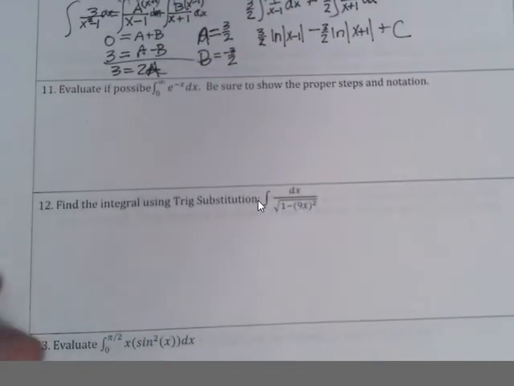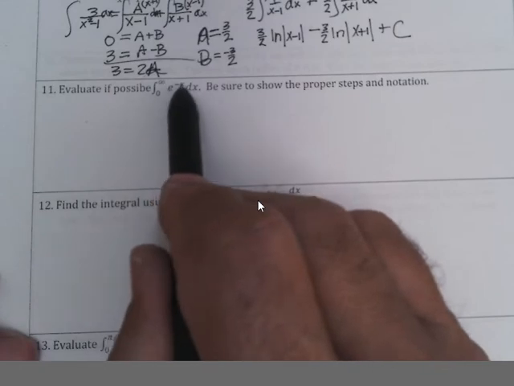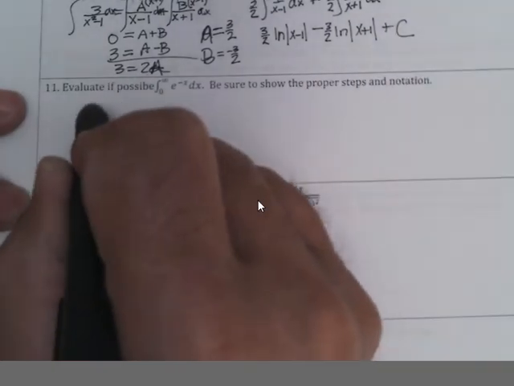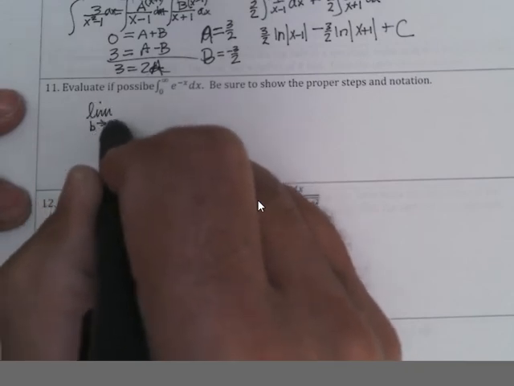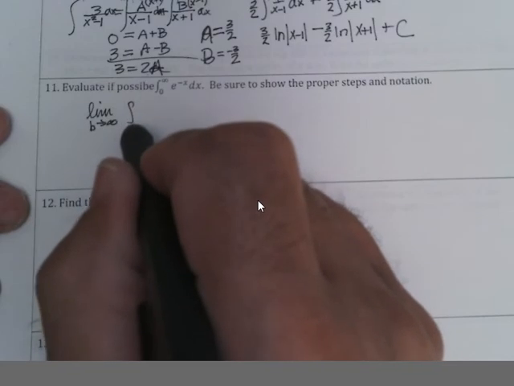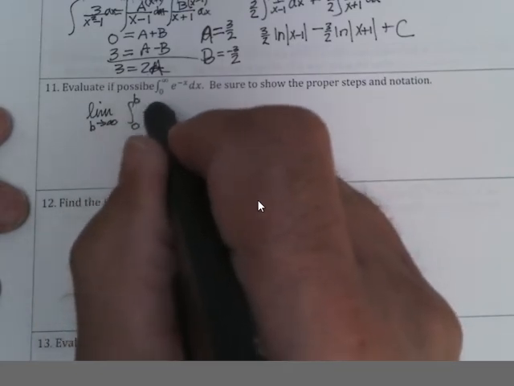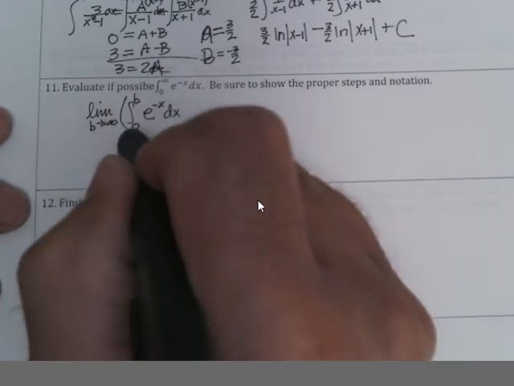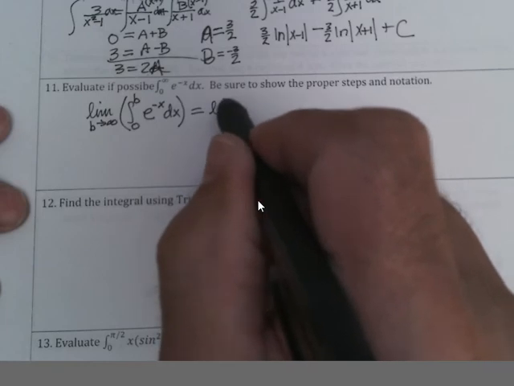To do this one, where it goes to infinity, 0 is not a problem. e to the 0 is just 1, but infinity is. So we write the limit as b approaches infinity of the antiderivative from 0 to b of e to the negative x dx. Not doing the limit yet.